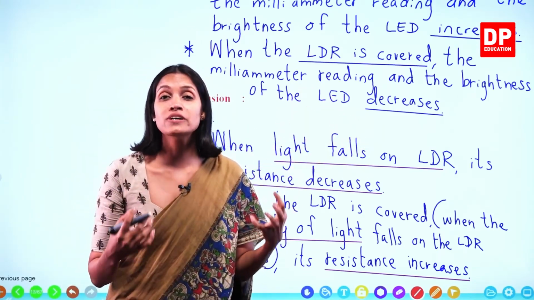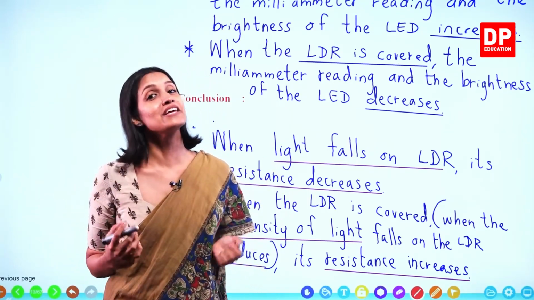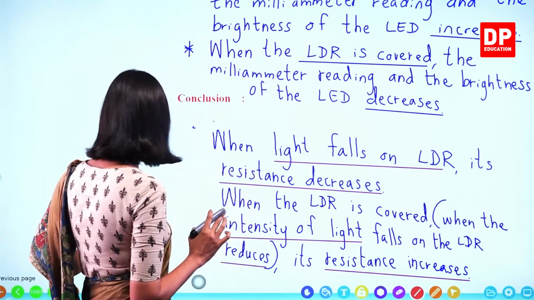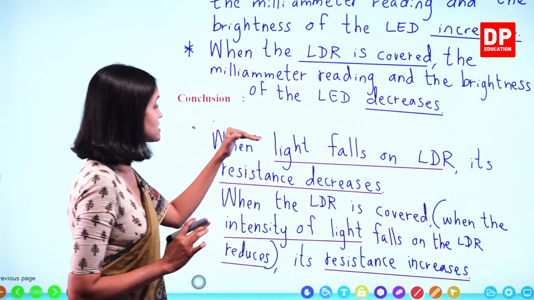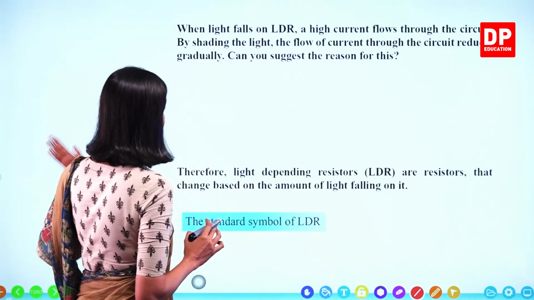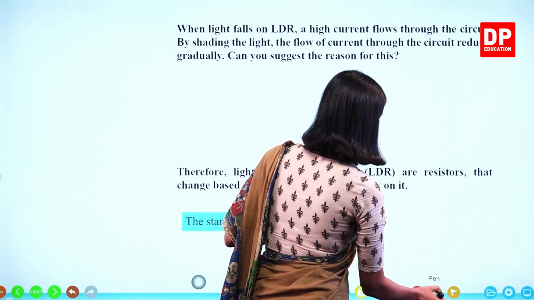The barrier towards the electric current reduces, which means more amount of electric current can flow through the circuit. Right, children? We'll write that one. When light falls on LDR, its resistance decreases. We can write the same thing because it's the same reason. Right? Okay, it's right.